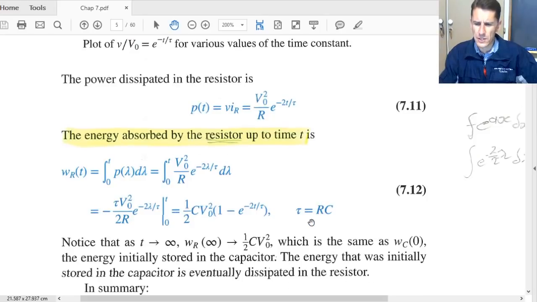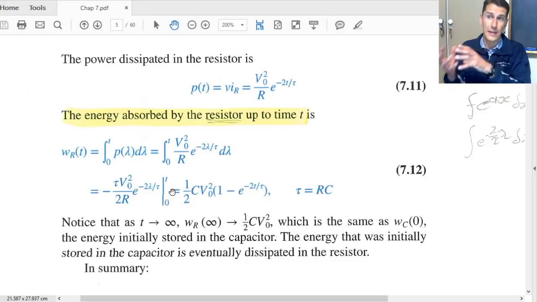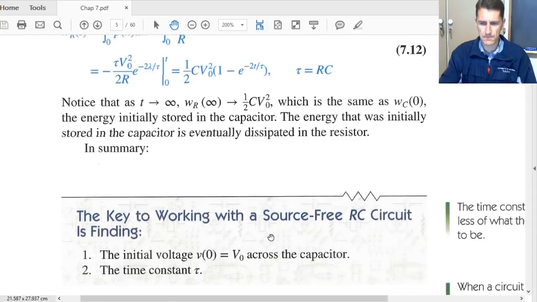They give you all those equations. Now, I'm not going to ask you to derive these expressions or actually use that. All they actually want to show you here is that after a lot of time, all the energy that was stored in the capacitor is actually dissipated into the resistor. So that's all it says.